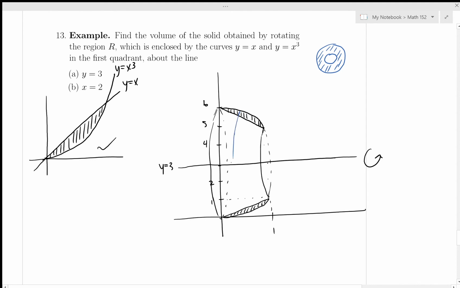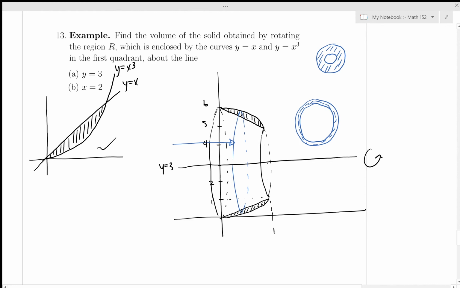If I were to look down at this blue cross section, it is in fact a washer. It's mostly open in the center, and then it's got a rim around it.